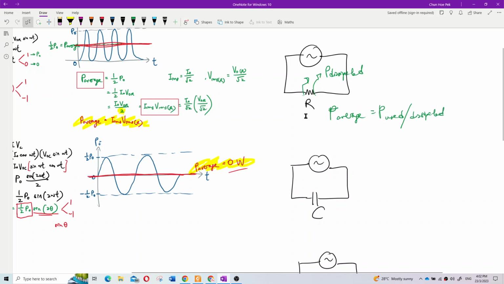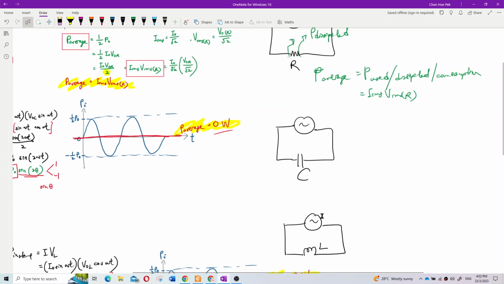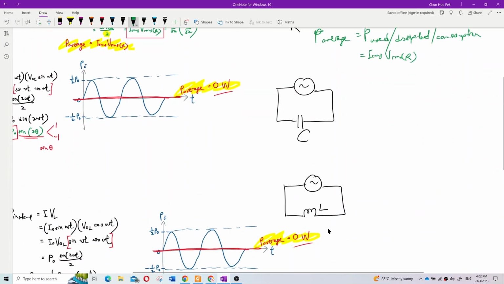My resistor actually uses up power, and to calculate how much power consumption, it is equal to I RMS V RMS. Understand? But capacitor and inductor do not use any power. The average power used is 0.